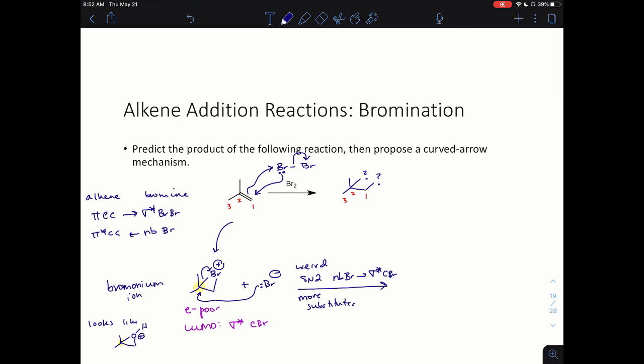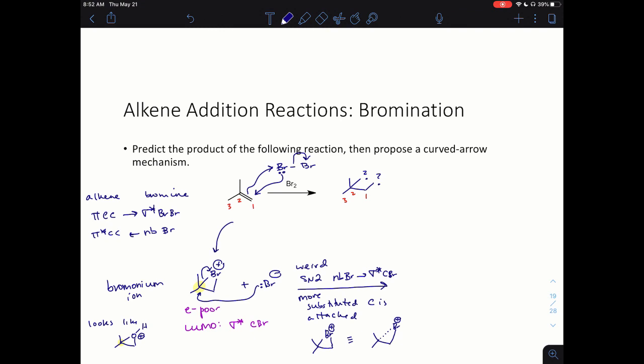Why do you think the more substituted carbon is attacked? Yeah, because like the protonated epoxide, carbon is sharing some of the positive charge with bromine, and the more substituted carbon does that sharing.